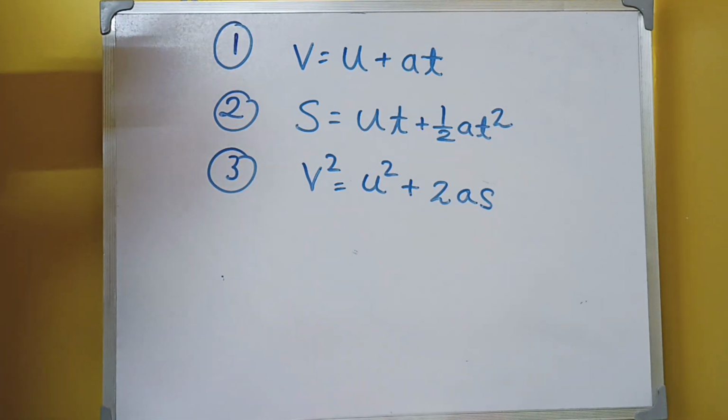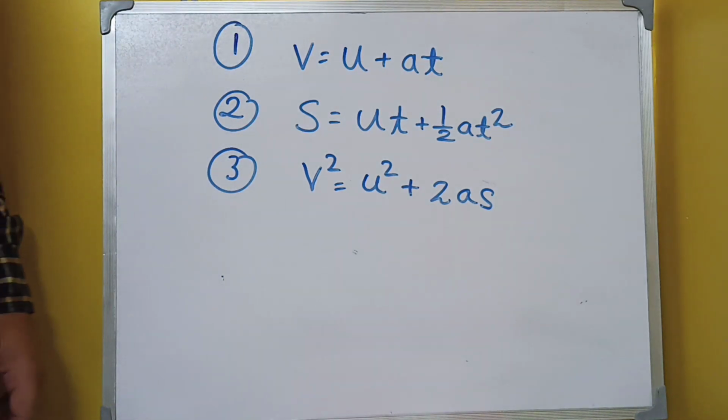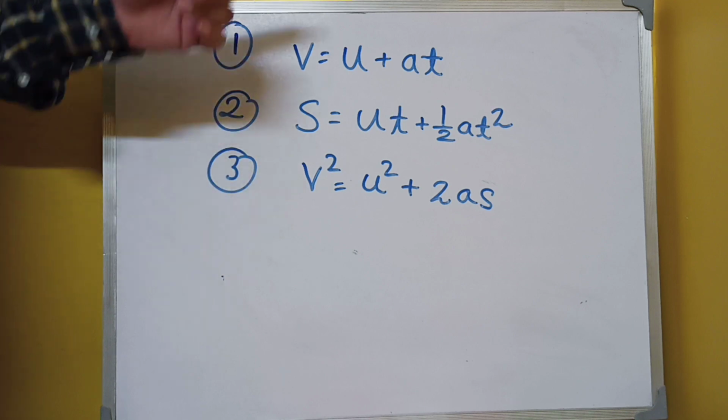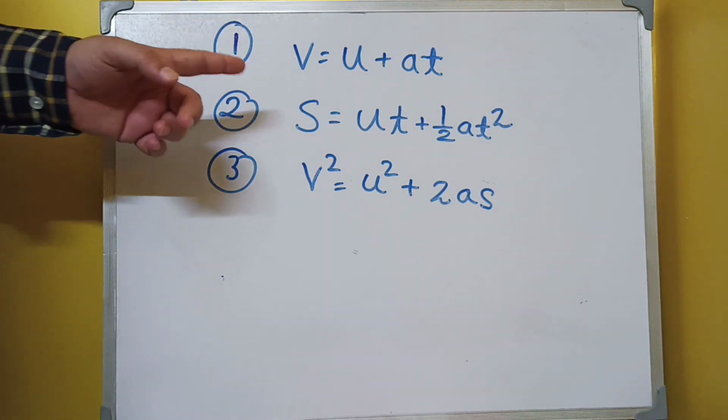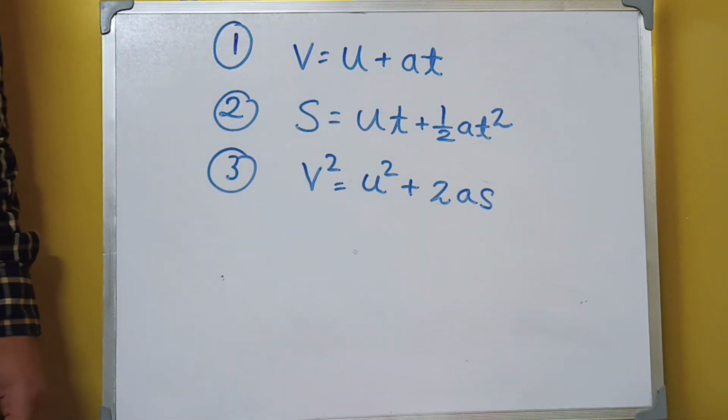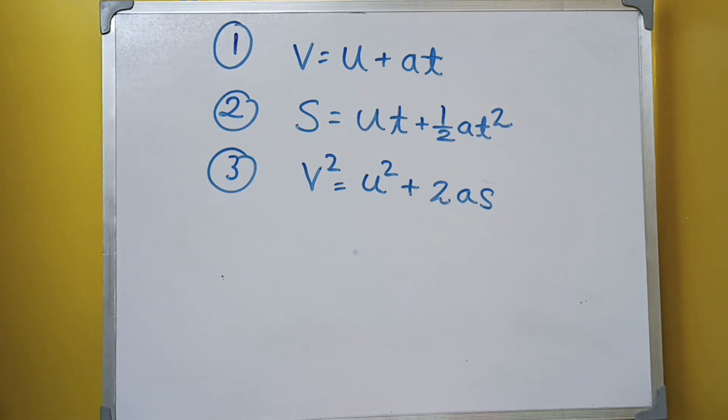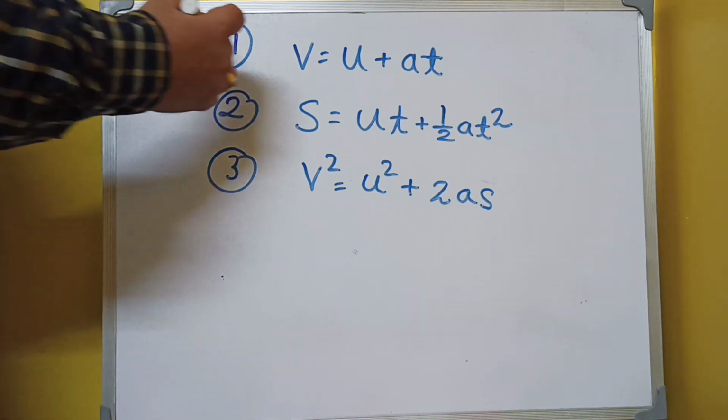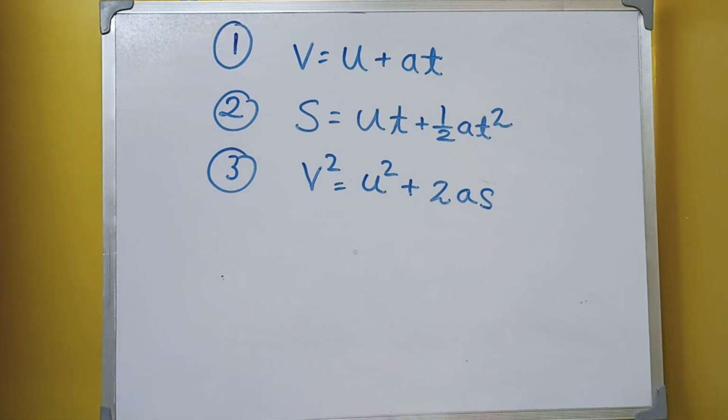These are the three equations, and in the next class we will discuss the proof of these equations and some more equations of Newton's. Today this is our last discussion topic.